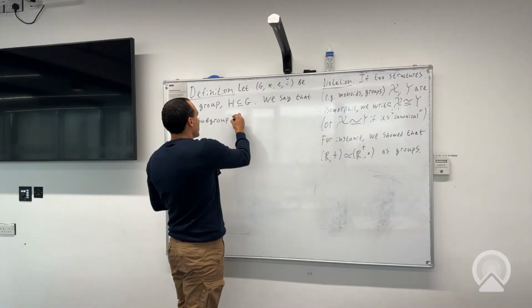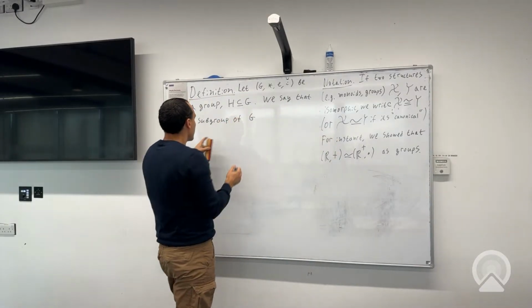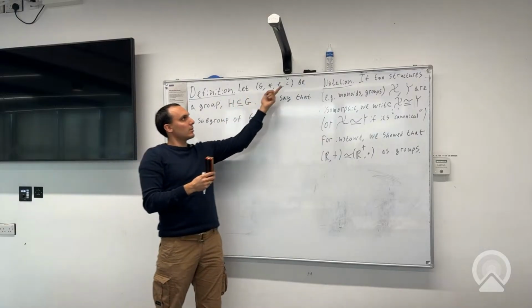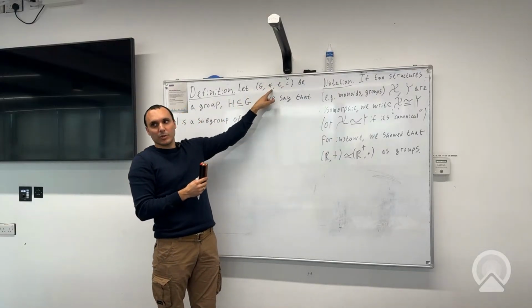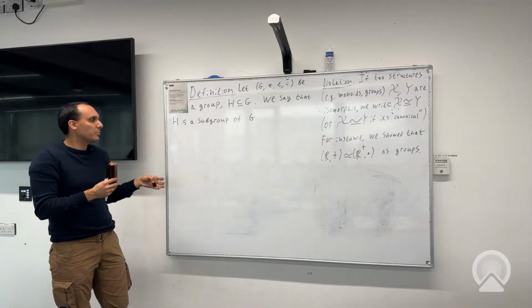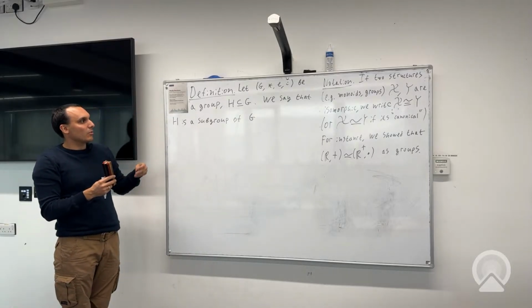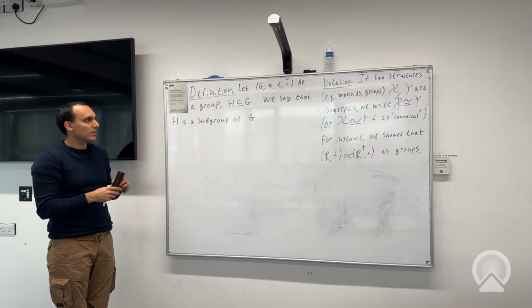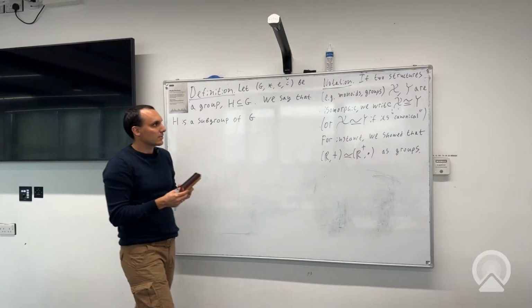When you say G, a subgroup of G is not a group. The group is this thing. At least we have to have multiplication, because the set only is not a group. But usually it's known from the context what the multiplication operation is.